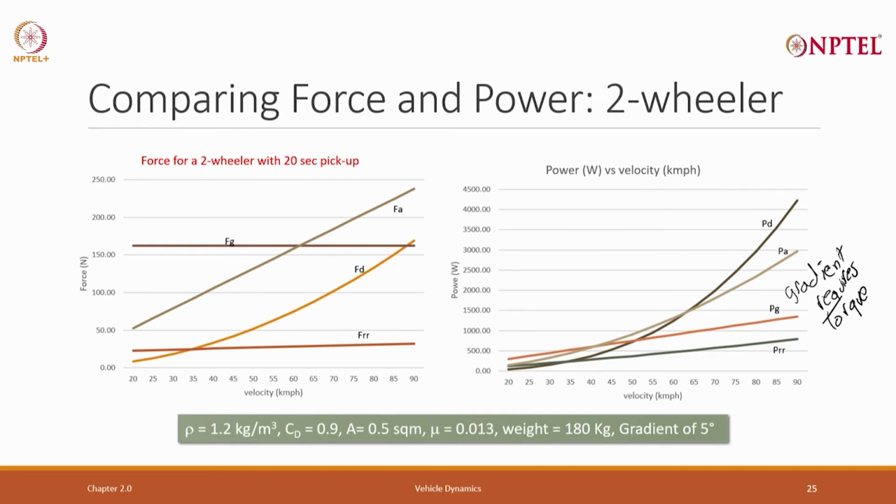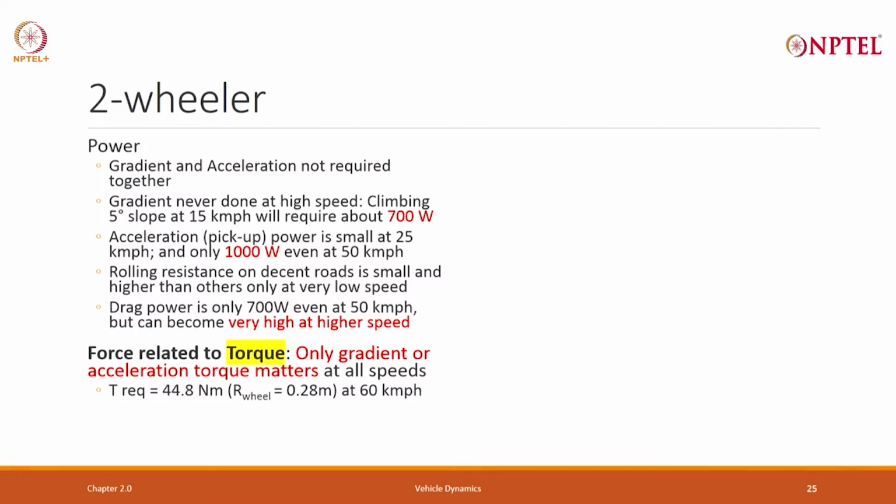So, the torque required, if I assume a 0.28 meter wheel radius, which my two-wheeler typically has, is about 45 Newton meter. That is a large torque. This is what is required for gradient.